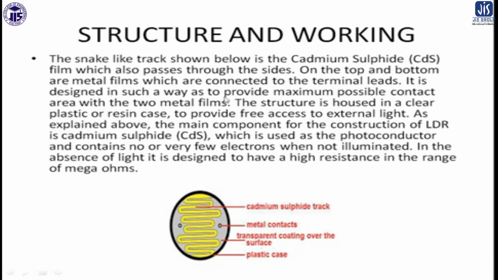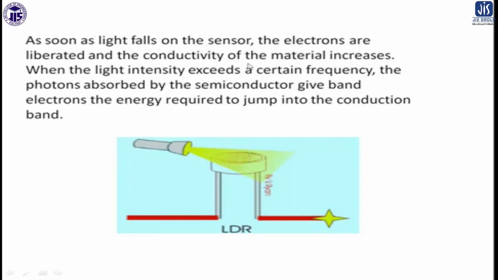When light is absorbed by the material, the conductivity of the material increases. When light falls on the LDR, the electrons in the valence band of the material are excited to the conduction band, but the photons in the incident light must have energy greater than the band gap of the material to make the electrons jump from one band to another, meaning from the valence to the conduction band.